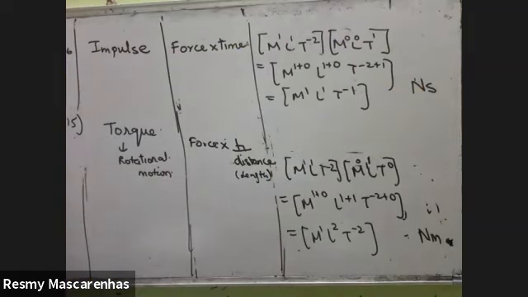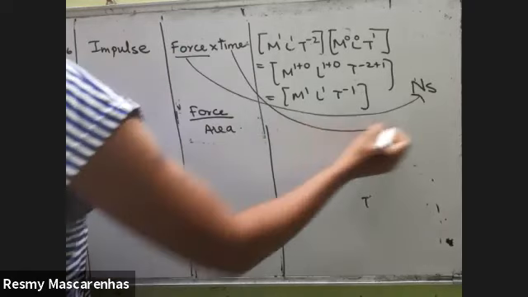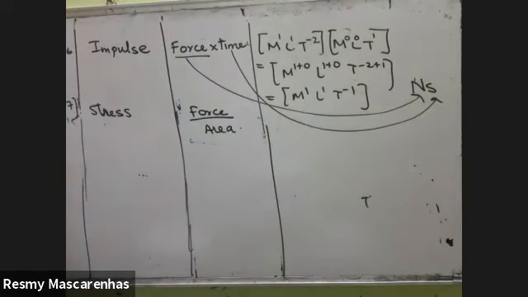stress. Stress is nothing but force upon area. Same like pressure. Units now for impulse, I told you. Force means Newton and time is second. Stress and pressure, same formula, okay?